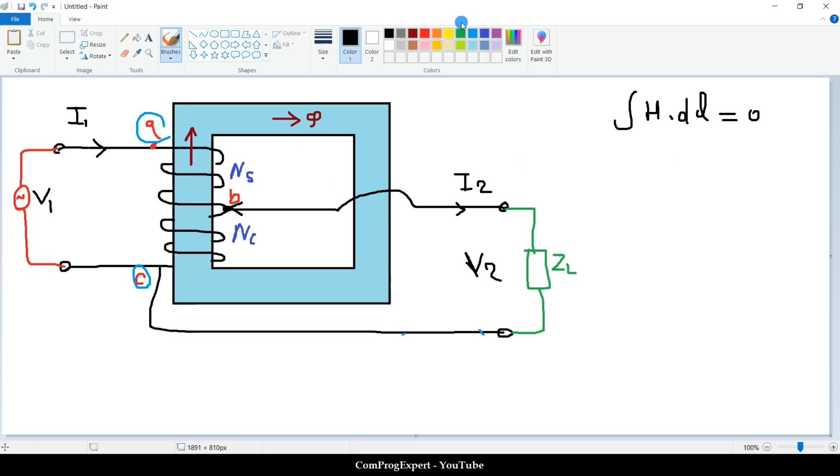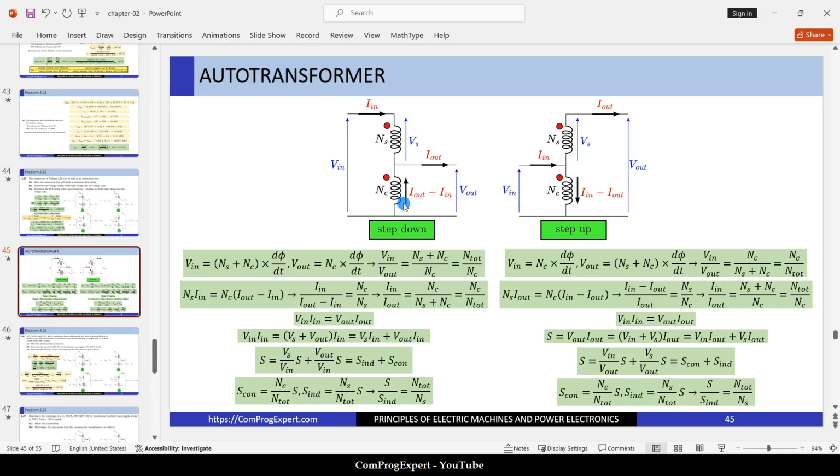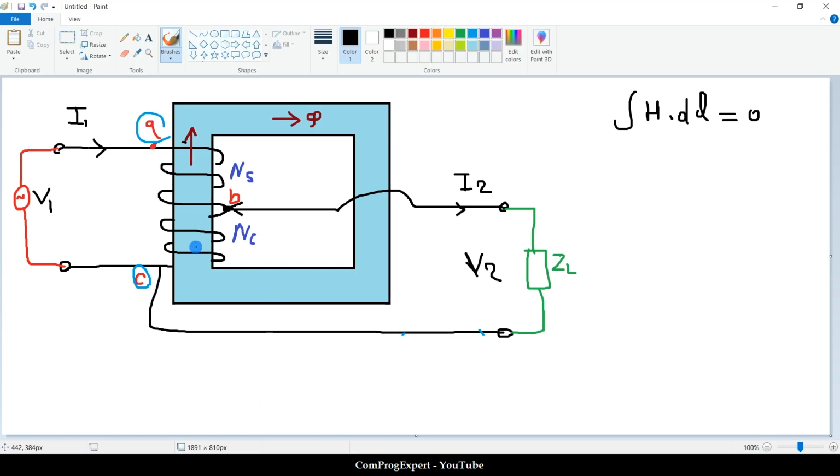So here, if we consider this reference direction, this is the field generated by this part of the coil. And in this case, if we consider this reference direction, this is the field generated by this part of the coil in opposite directions.